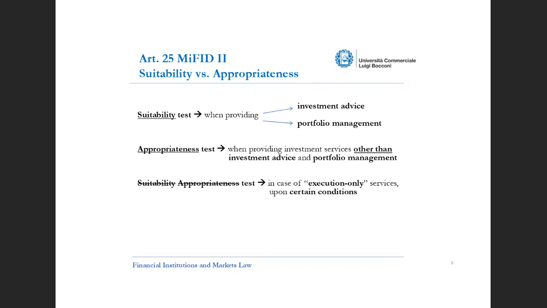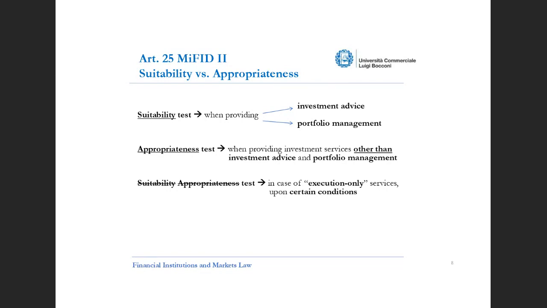Okay, now looking at the conduct of business rules under MiFID, we have a lot of very detailed provisions in level 1, in level 2, and also in the technical standards. But going through all of these provisions would be too much.